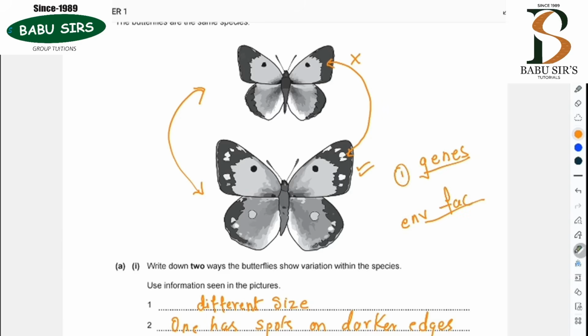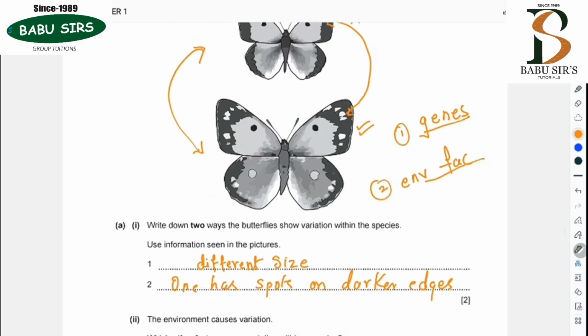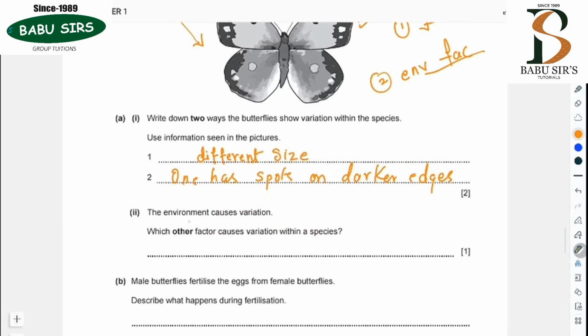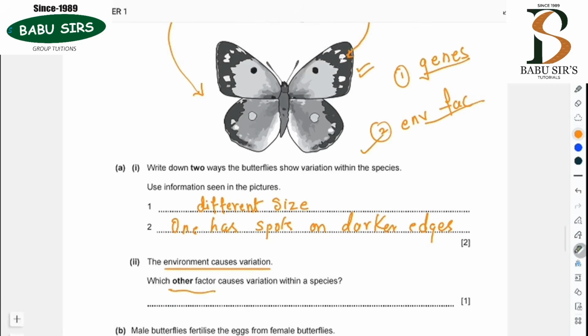So variation is because of two things. So we'll check here. The environment causes variation. So this is the second point. Which other factors? So they have written this second one. So you have to write the other factor, that is genes.